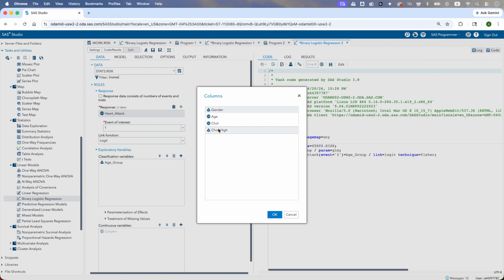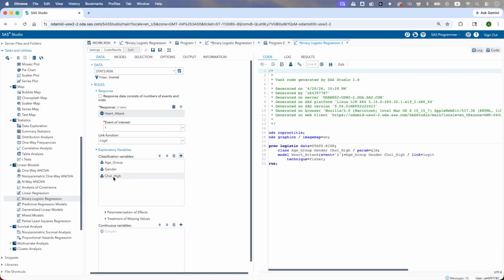Because I added cholesterol high, I'm not going to add cholesterol here because it's going to be redundant information, right? But what we are going to do is change the reference categories. These are all categories based on the reference encoding. So I'm going to edit this. Someone's going to tell me why you do that.